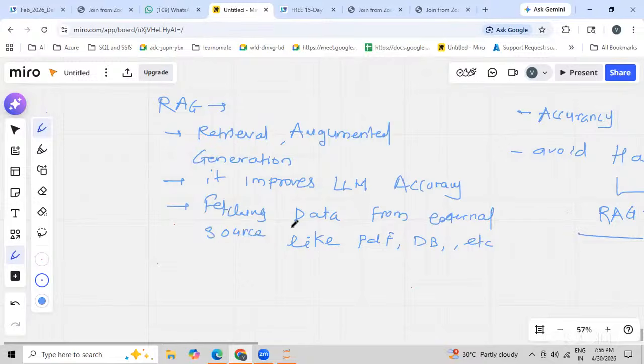They are fetching the data from external sources like PDF, database, and different types of sources. Okay, this is all about RAG. Understood now? RAG.